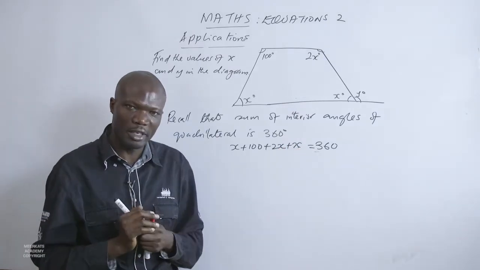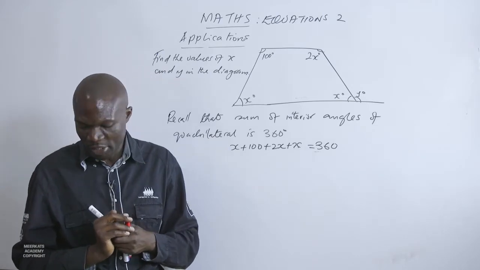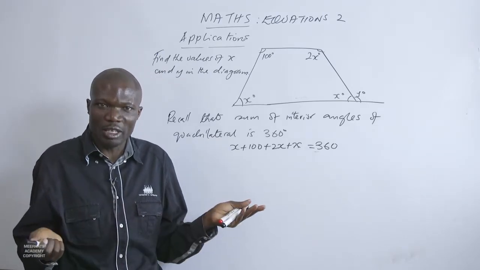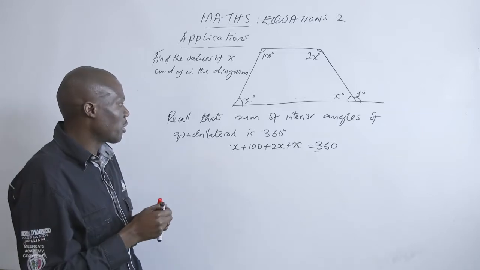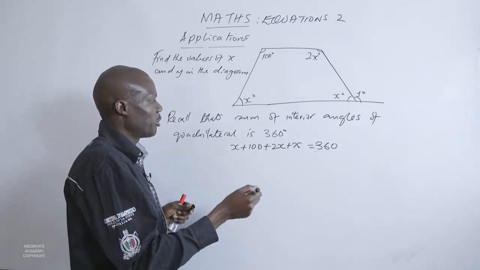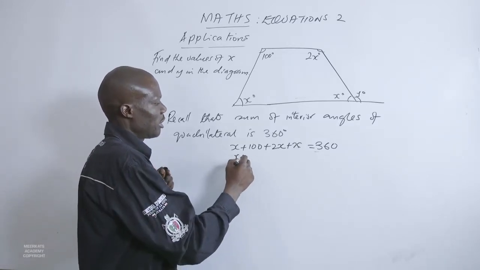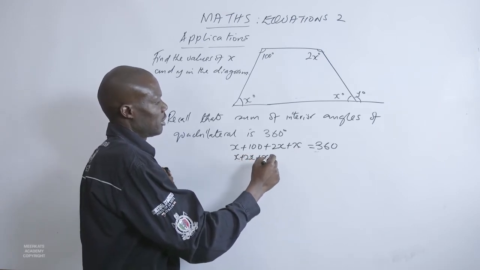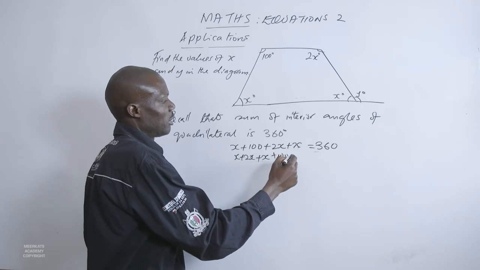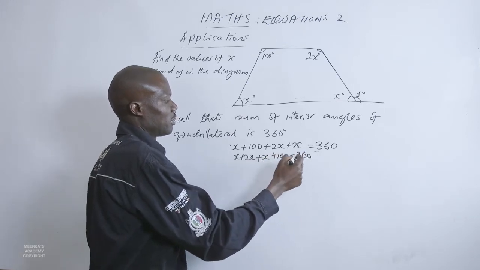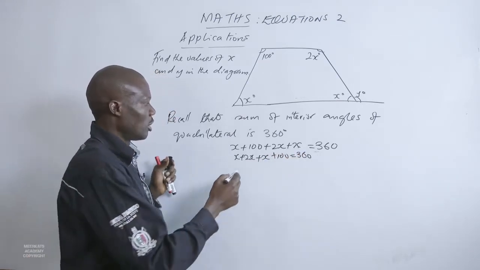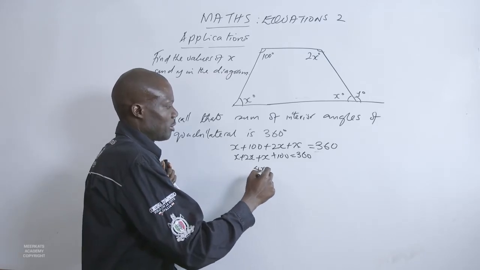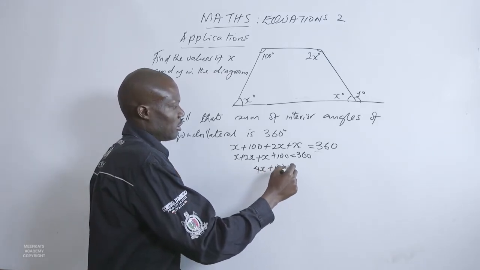Again, on the left-hand side, we have like terms. If we have like terms, collect them together. So if we rearrange, it is x plus 2x plus x plus 100 is equal to 360. So 4x plus 100 is equal to 360.